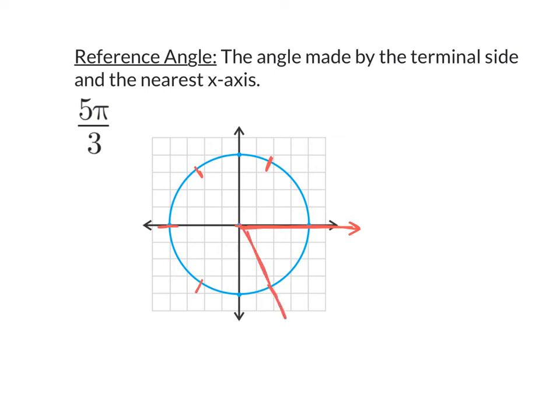So this angle, going around this way, is 5 pi over 3. For its reference angle, we want to look at the acute angle that it makes with the nearest x-axis, right here. Since the outside here was 5 pi over 3, that means I've got 1 pi over 3 left over. And it's that pi over 3 that is this angle's reference angle.